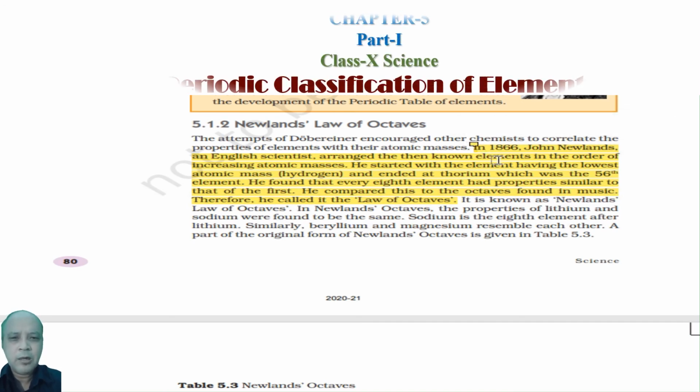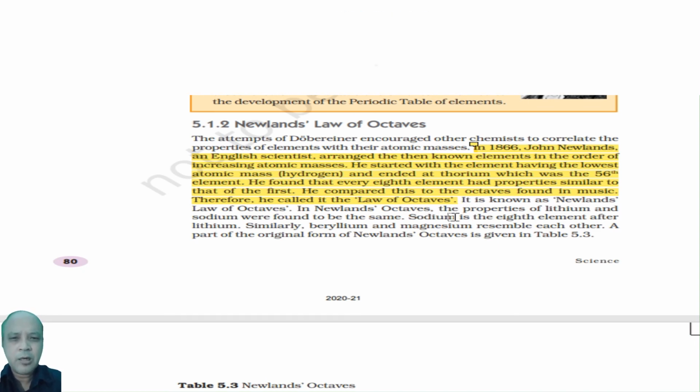The answer is whatever I have marked in yellow, up to here. It is known as Newlands' law of octave.